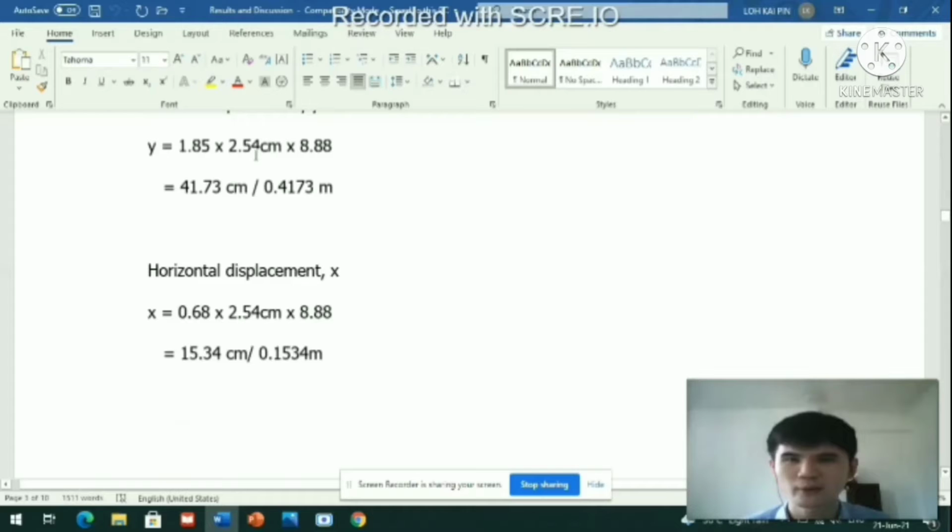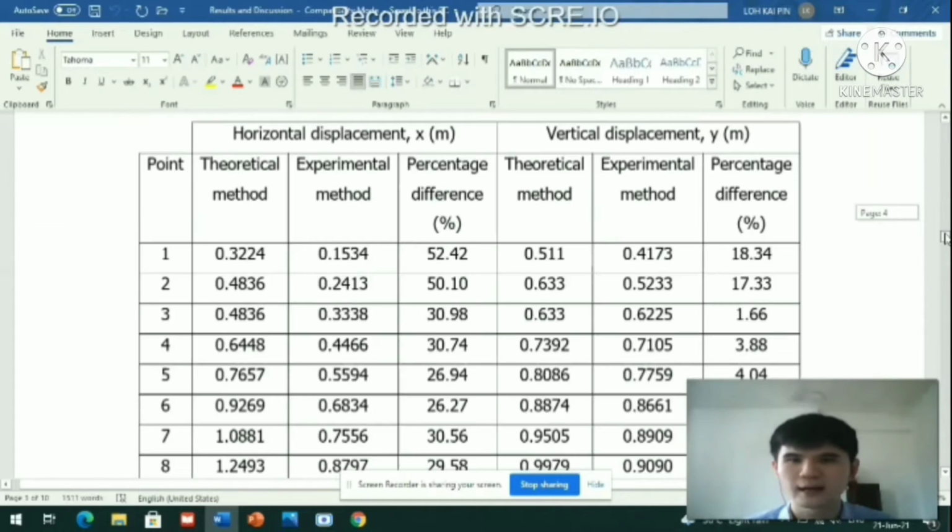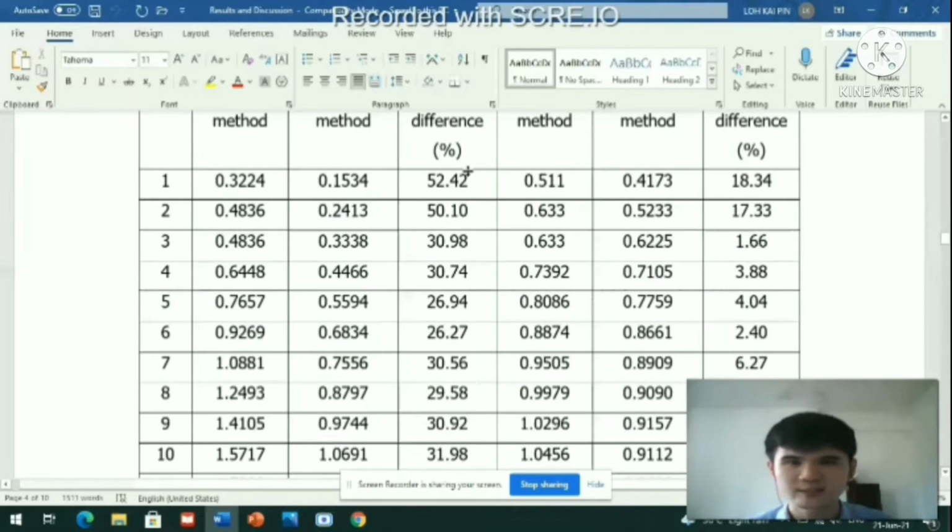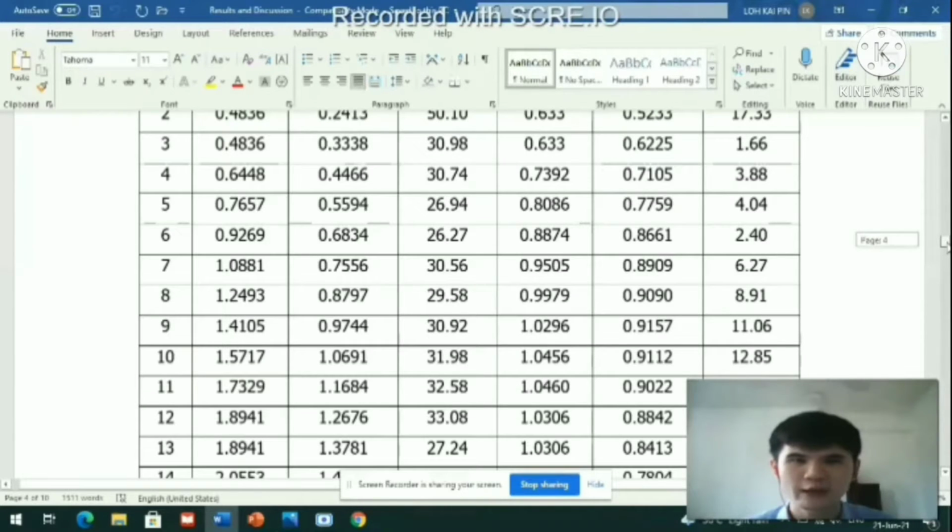So we can get the x and y values. Then by using the x and y values, we can compare the theoretical and experimental values. You can see this percentage difference is considered high because of the drag force and maybe human error.